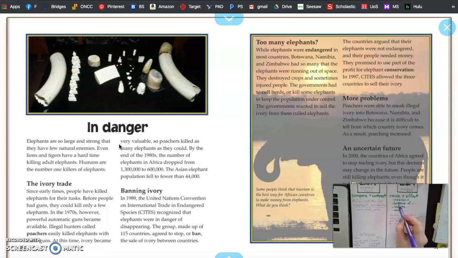So see, I used this one right here. So now I'm going to go back and find some other reasons, and I'm going to just list them out, but I'm going to use some of these keywords to show that I'm doing cause and effect.